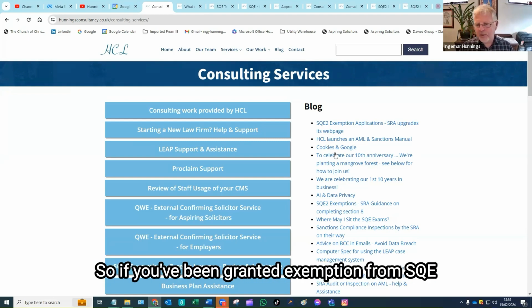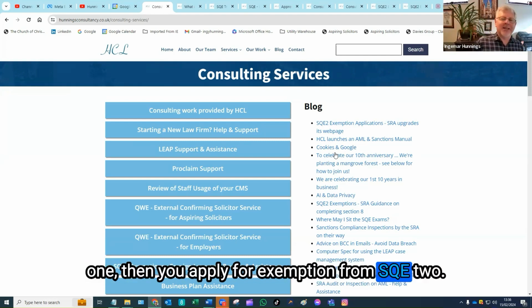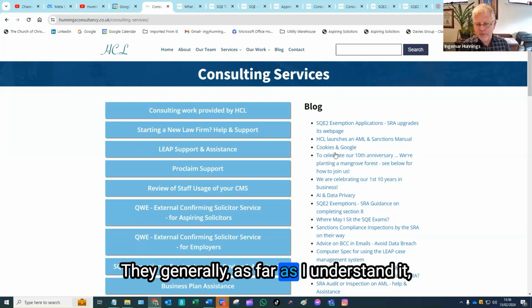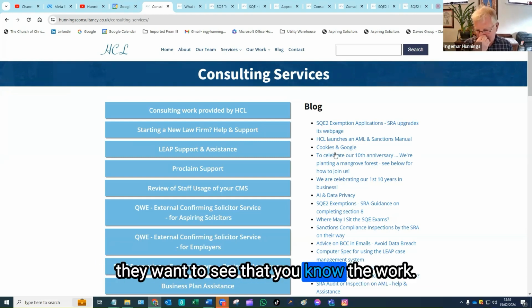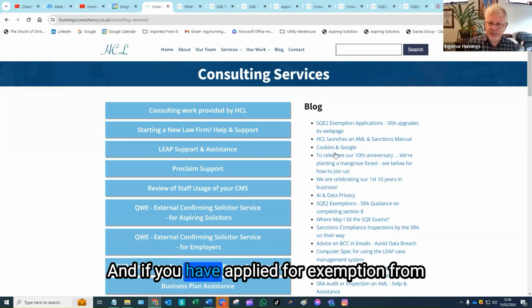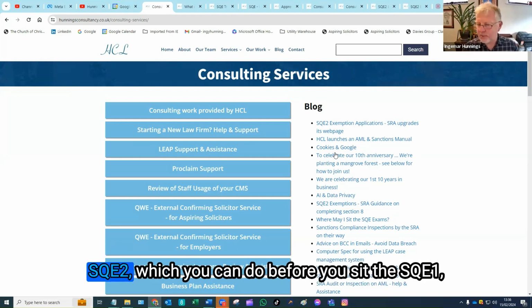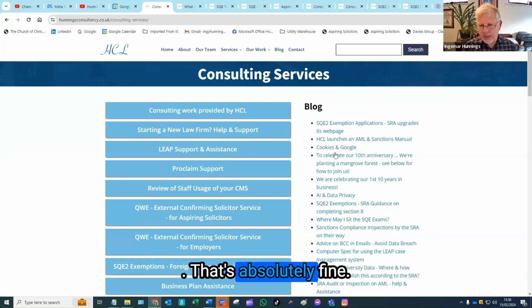So if you've been granted exemption from SQE1, then you apply for exemption from SQE2, they generally, as far as I understand it, revoke your exemption from SQE1 because they want to see that you know the work. And if you have applied for exemption from SQE2, which you can do before you sit the SQE1, that's absolutely fine.